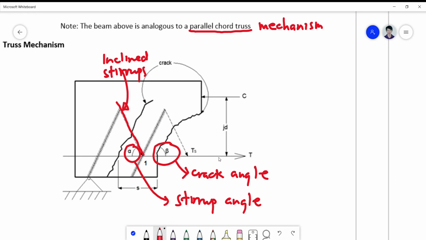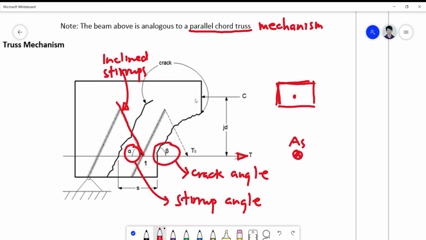Of course you have a tension force on the steel, and you also have a compression force on the uncracked concrete. So if you will see the free body diagram of the crack section, it looks like this one. So this is now your uncracked concrete, and this is your AS.